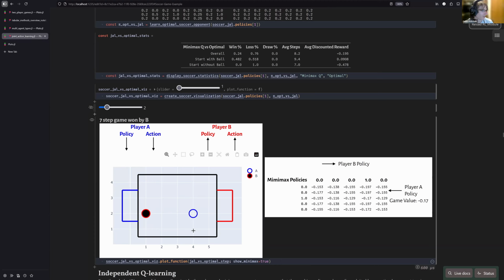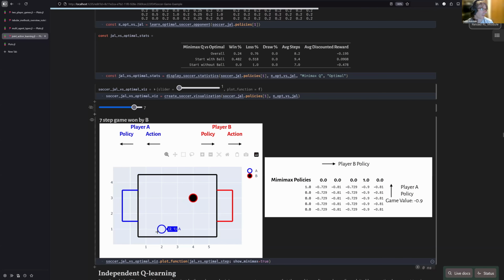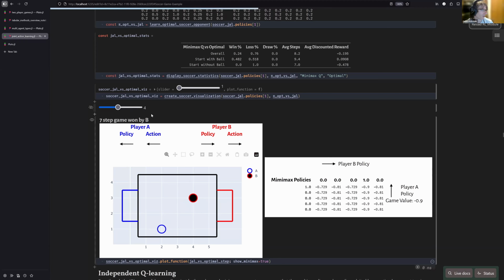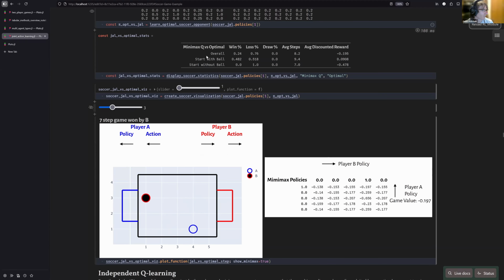A moves down, B moves up. And now B has found that from this position, it can just move to the right, and A doesn't know how to stop it. So that's where, if you construct this optimal opponent, you can see these weird scenarios.